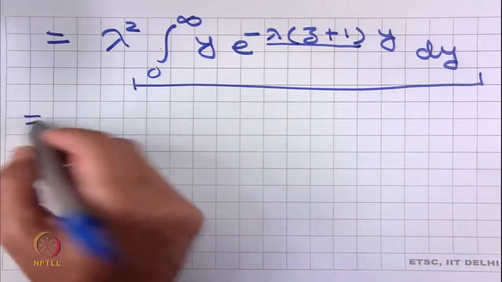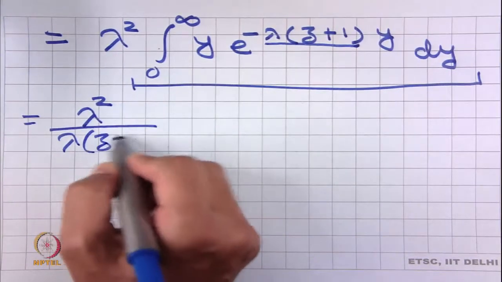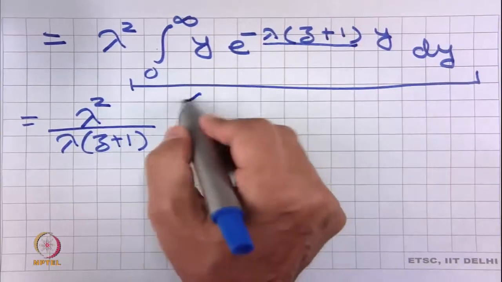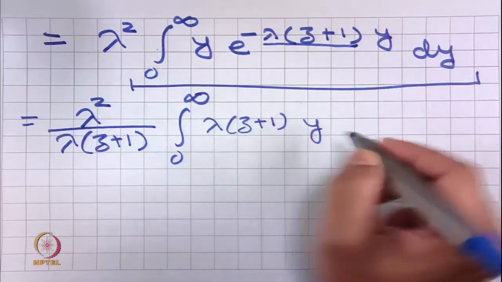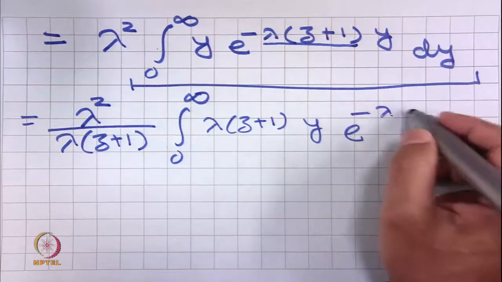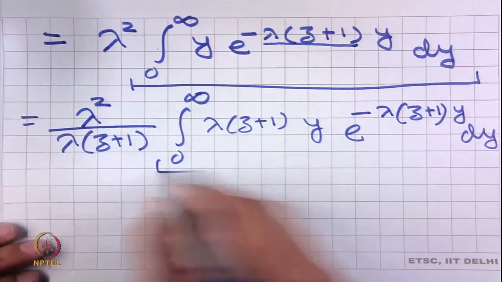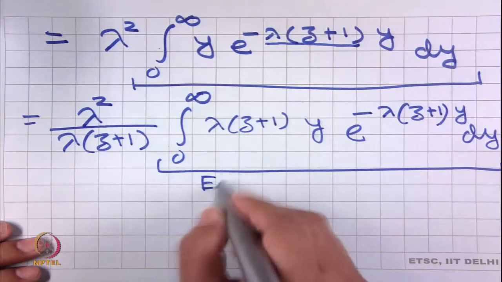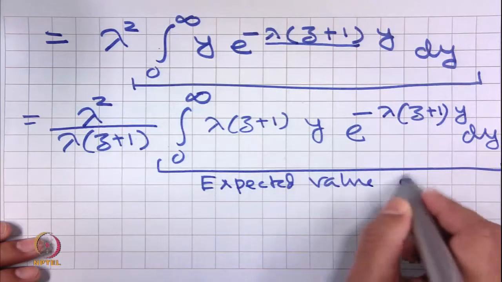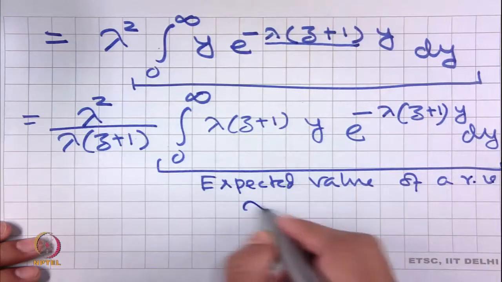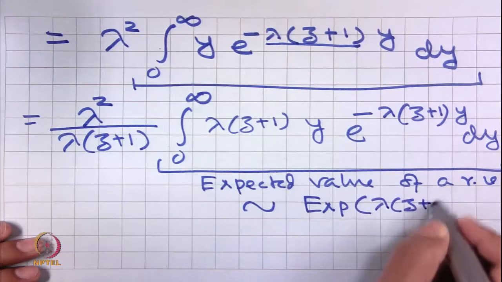Therefore, suppose we write it as lambda squared upon lambda (z+1), times integral 0 to infinity lambda (z+1) y e^(-lambda (z+1) y) dy, then basically this is the expected value of a random variable which is distributed as exponential with lambda (z+1).